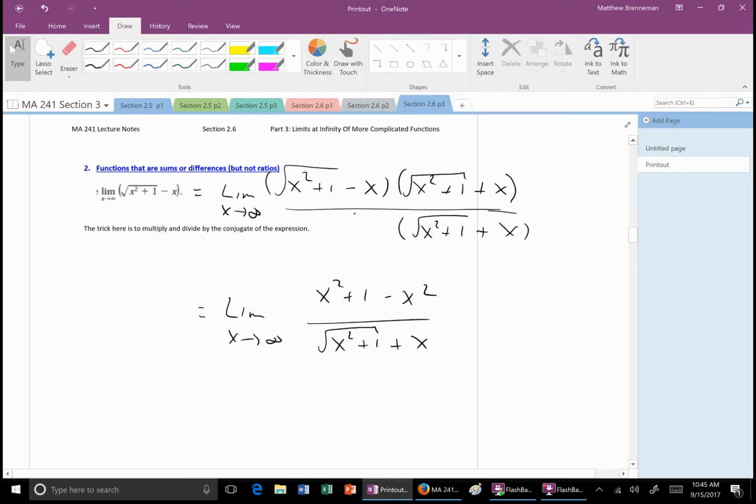I'm going to be left with 1 over this. So the x squared on the top cancel, and I get 1 over the square root of x squared plus 1 plus x. The question is, what does that go to?